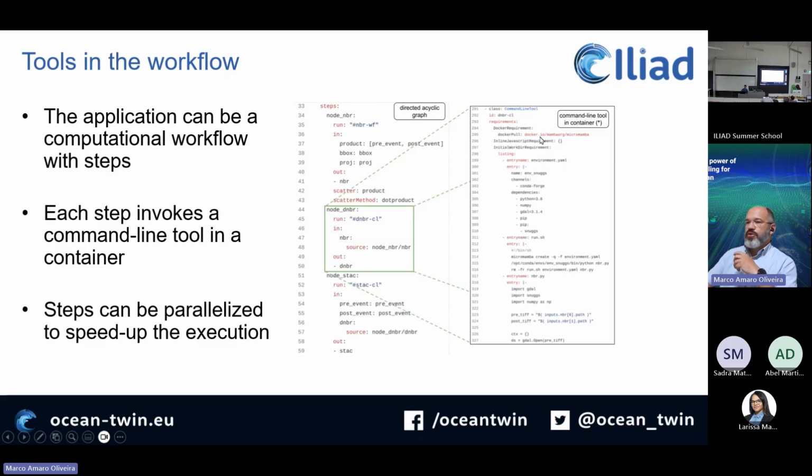So when we define a tool, we also have to define a container image, and then in the description we say, okay, my command line tool whose ID is something has as requirement the fetching of that Docker image to generate a container that then will be run with this step of my overall pipeline.